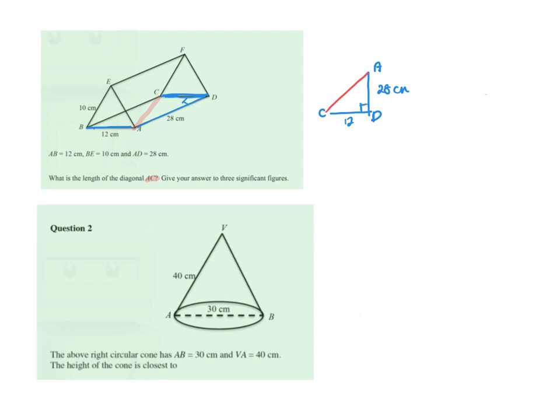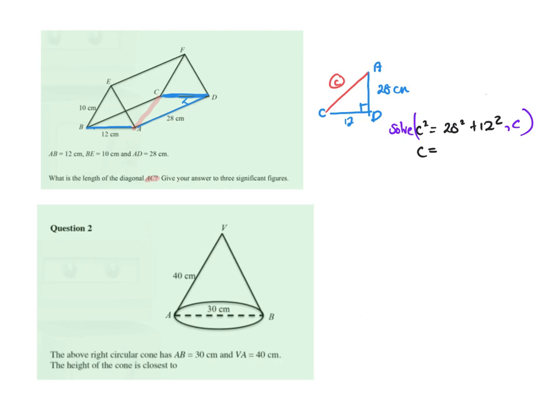So this is just a simple Pythag question, where I could say, all right, C squared is equal to 28 squared plus 12 squared. So we can use solve if you like and find out what that C is, which is going to be the answer. So I'll do that one on my calc again.